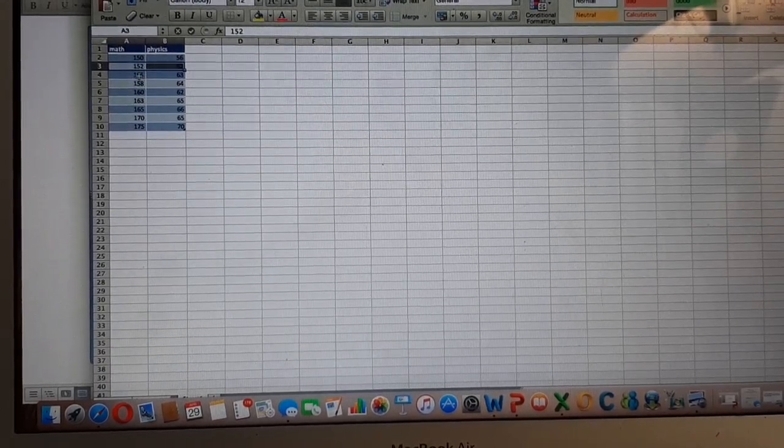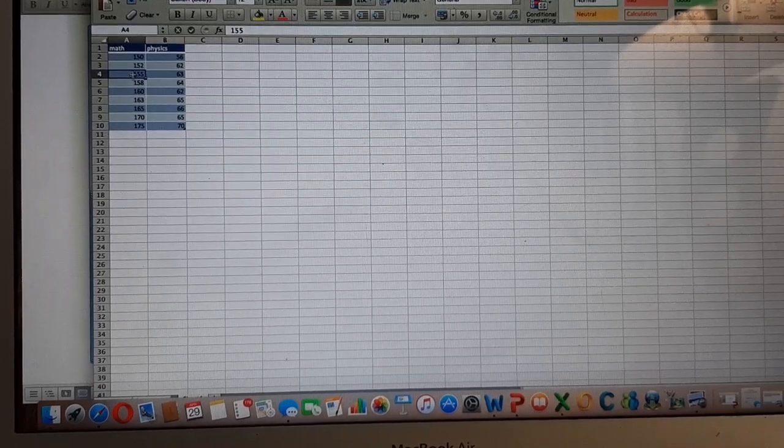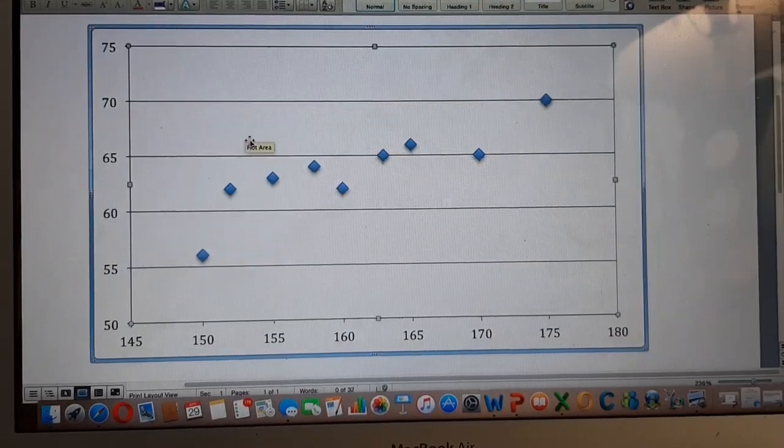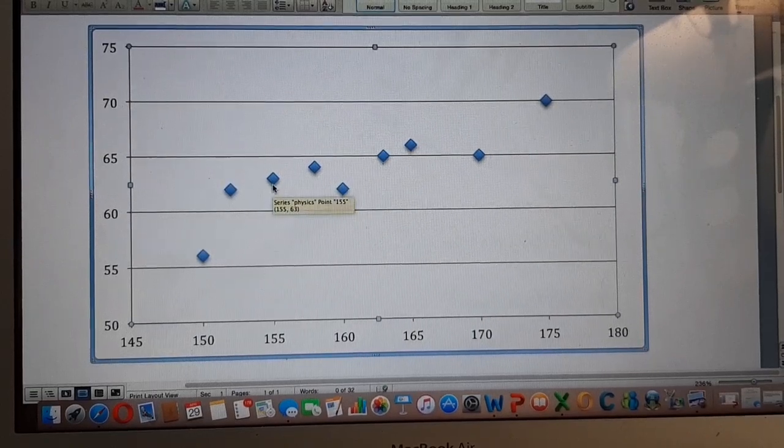In test number 3, you got 155 in maths, and you got 63 in physics. Go to your graph. This point shows marks for maths, represented on the x-axis, are 155, and marks for physics on the y-axis are 63. This point is plotted in this way.